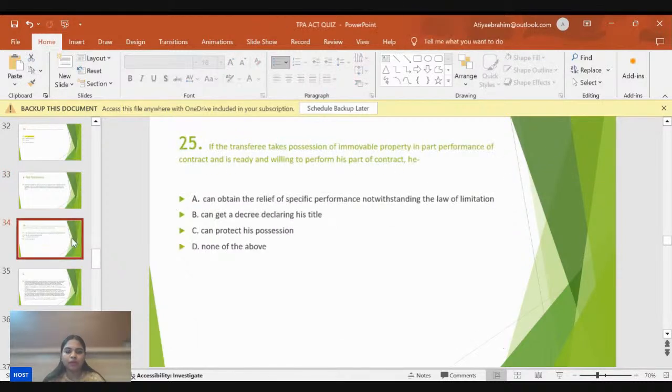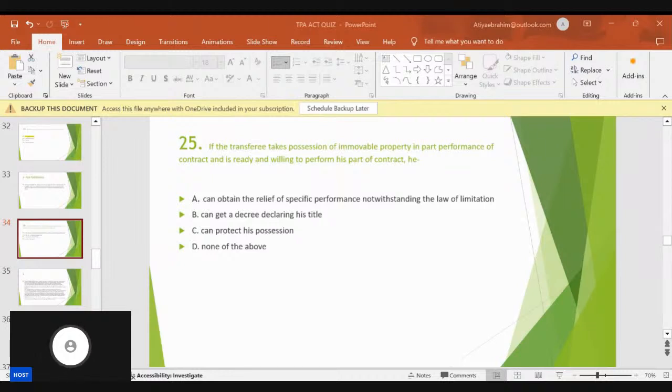Okay. Come to 25. If the transferee takes possession of immovable property in part performance of contract, and he is ready and willing to perform his part of the contract, then what will be the correct option here? A, B, C, and D are given.